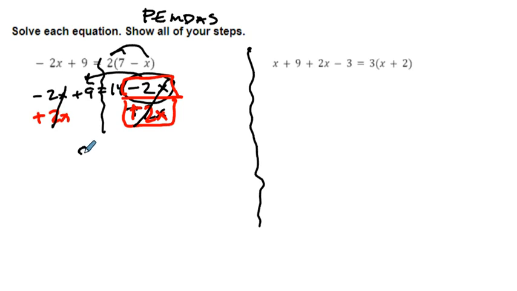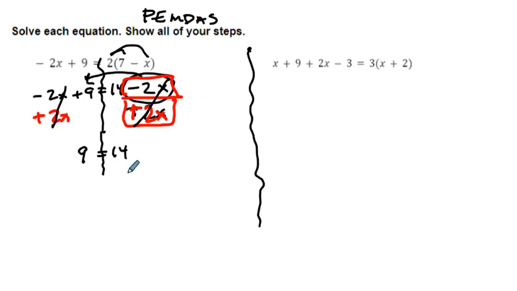So we wind up with 9 equals 14, right? And now the thing is, you know that we have to have a balanced equation. Well, if you have anything that says 9 equals 14, that's not balanced, right? Because 9 is not as large as 14. In order for this to be balanced, you would have to have something where they were equal to each other, and these are clearly not equal to each other.